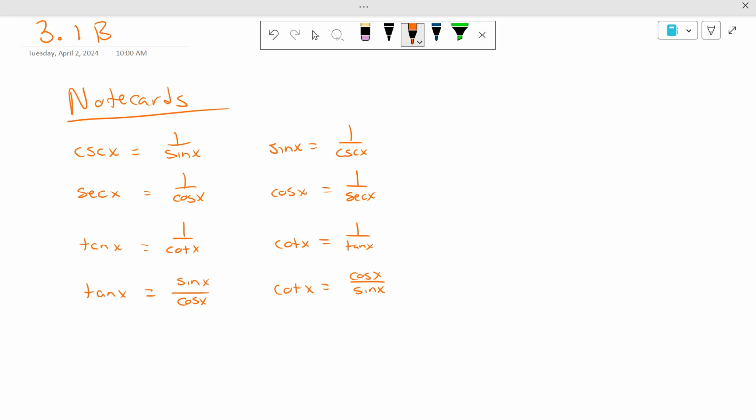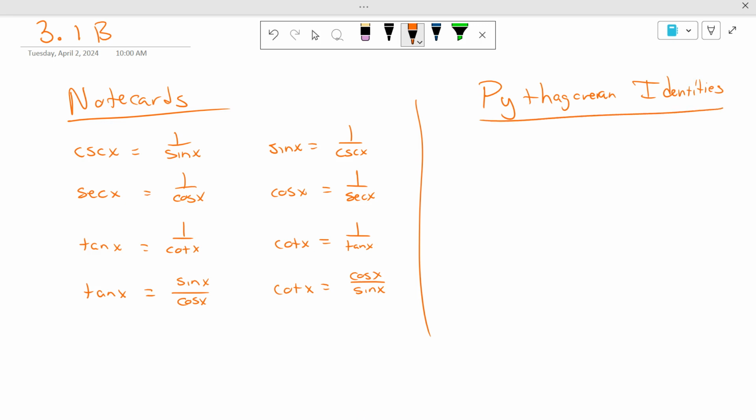So, those are the 8 basic identities. Then you're going to make a little section called the Pythagorean identities.